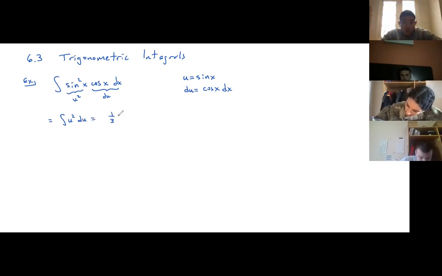Antiderivative becomes 1/3 u cubed plus c. And then since this is not a definite integral, I'm not getting a number back, I'll substitute back: 1/3 sine cubed x plus c. Here we are with that.